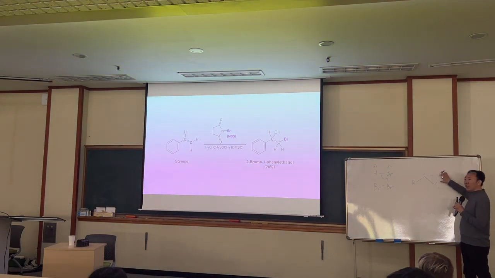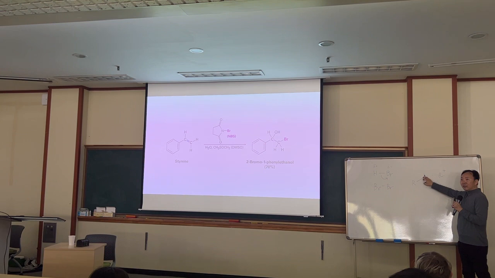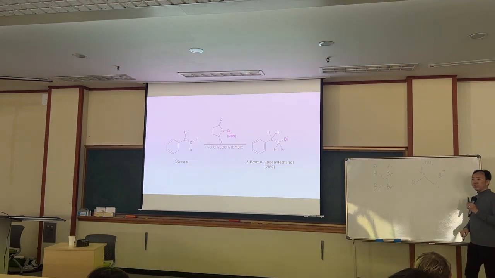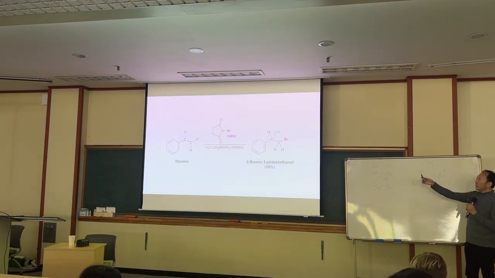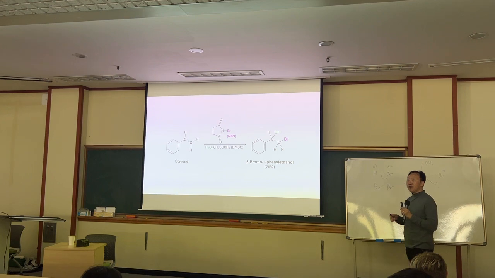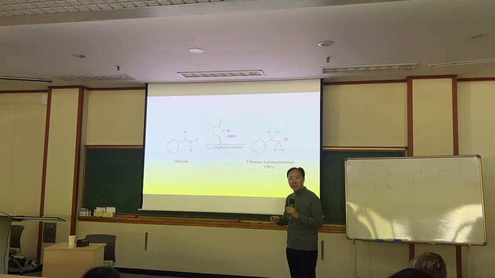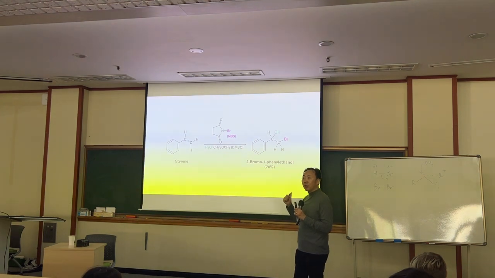It's not a symmetrical triangle. It's a little remote here. That means this is a little more electropositive, and the attack position of water is still this position. The trans product is formed, but the selectivity of position is still in a Markovnikov way.